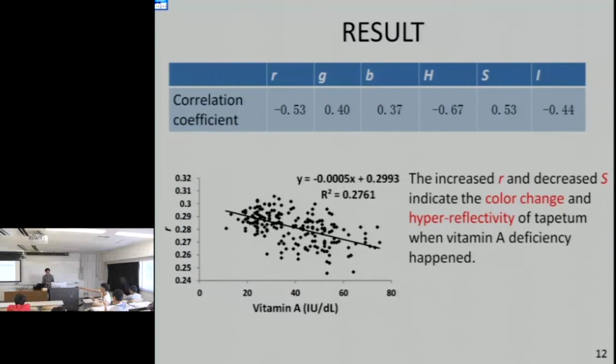For example, in this graph containing the other time of data, for all the cattle the vitamin A level is decreasing and also the age is increasing. So age and vitamin A simultaneously affect the color, so we cannot.